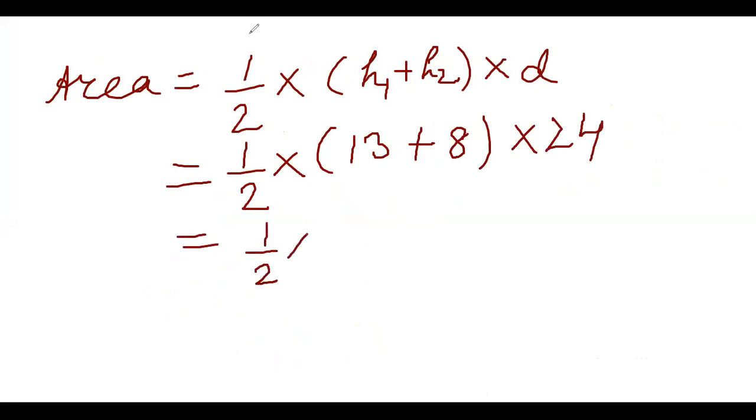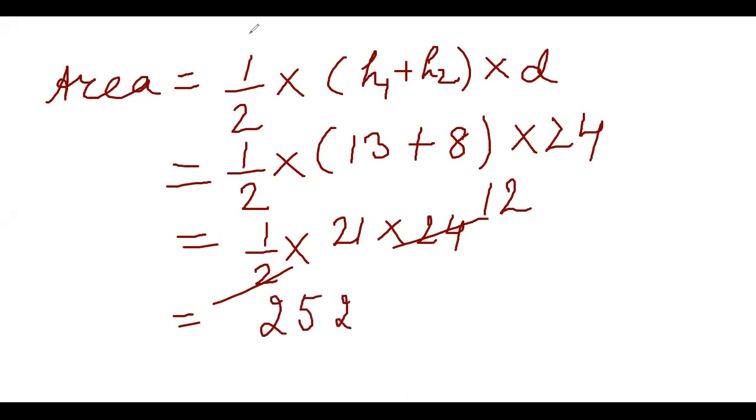Half into 21 into 24, cancel it, multiply 21 into 12, what it will be? 252 meter square. This is the area of the quadrilateral where you have given two heights and one of the diagonals. So we will use the formula here.